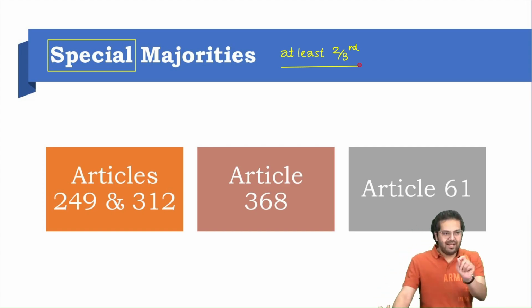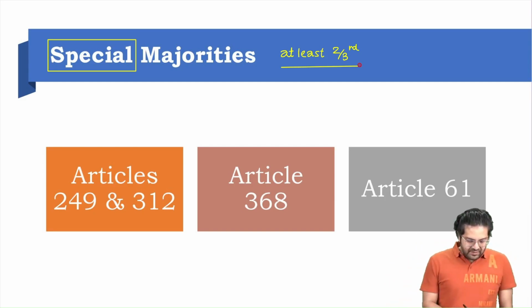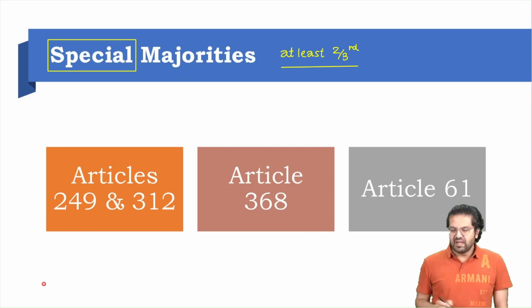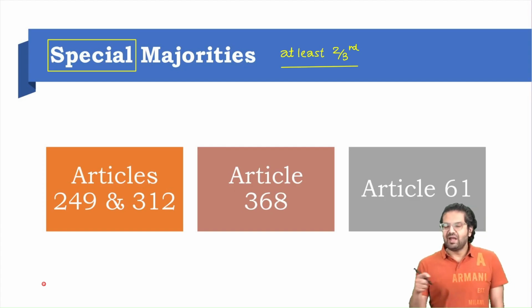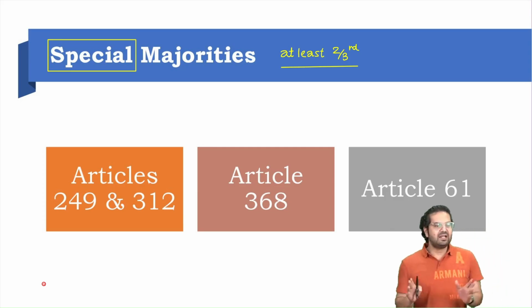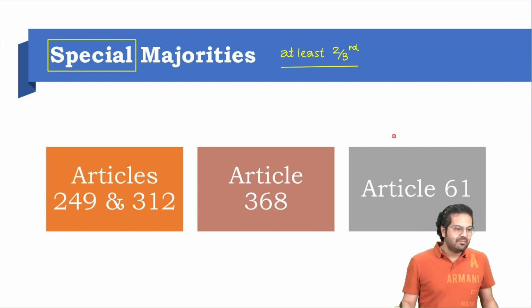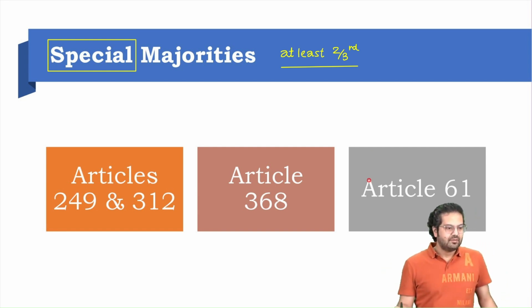Not more than, at least. Clear? Now, there are three different types of cases where we use this at least two-third, not 50%. One is Article 61. Please tell me, innocent aspirants, which is this article?